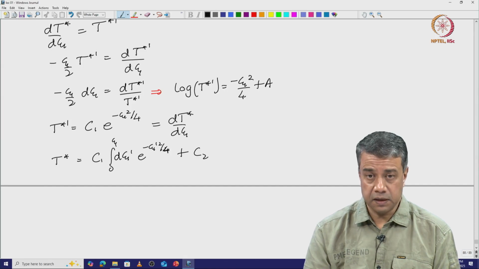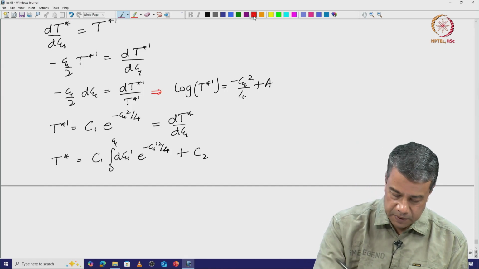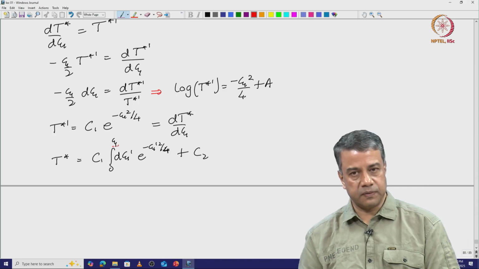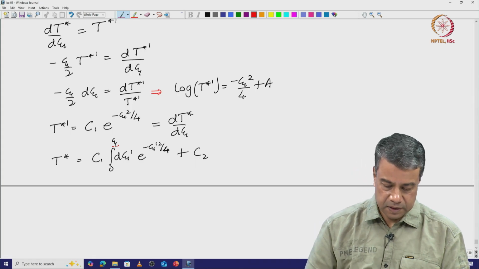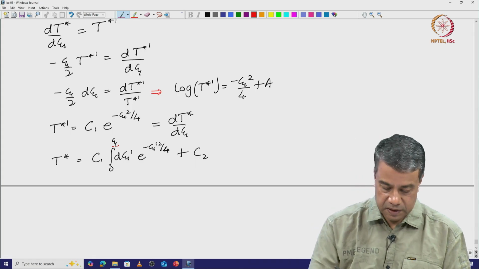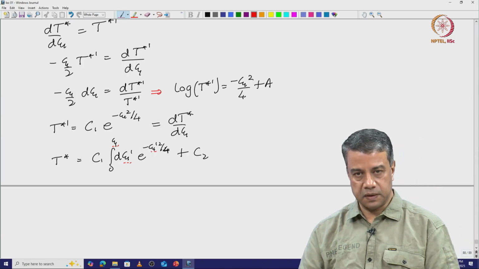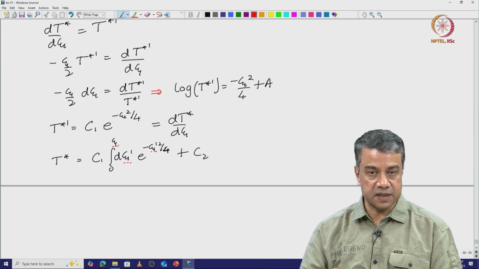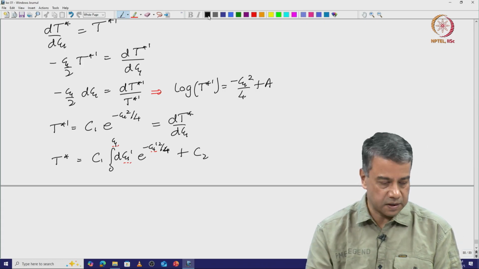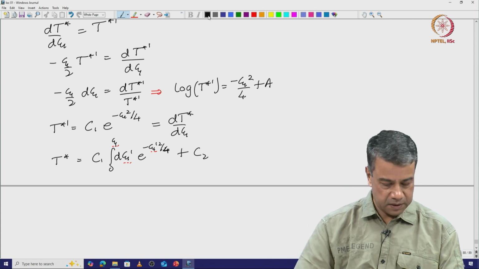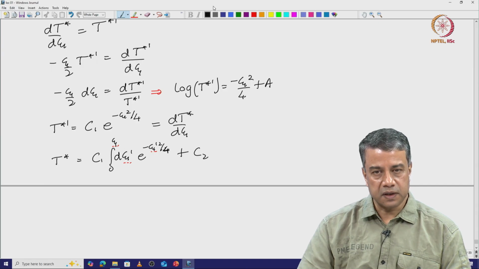You cannot analytically integrate this further. Note that the variable itself appears in the limit of integration. Within the integration sign, you have the integration variable psi prime, which is different from psi, which is in the limit of integration. This can be written in terms of what is called an error function.